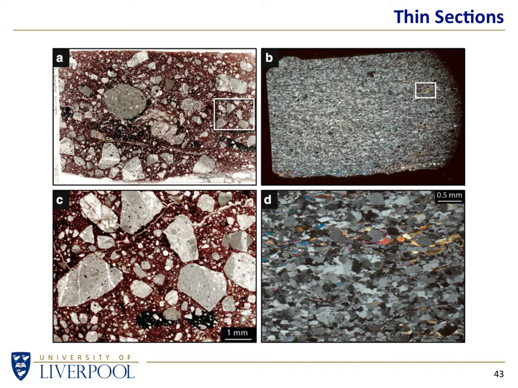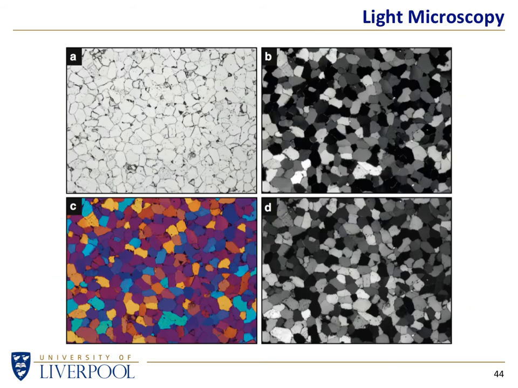And of course, we can take thin sections. We can take sections only a few microns thick, and then we can put them into a microscope so that we can see the structure. Here we're still talking about relatively macroscopic, so we're talking about millimeters rather than microns in terms of the structure we're interested in.